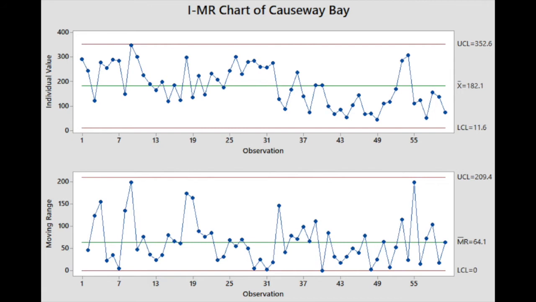The chart of moving range actually shows the variance of individual service time, and both Starbucks seem to have large variance in the data. But in fact, the Causeway Bay one shows a lower variance by comparing the lower control limit and MR bar.